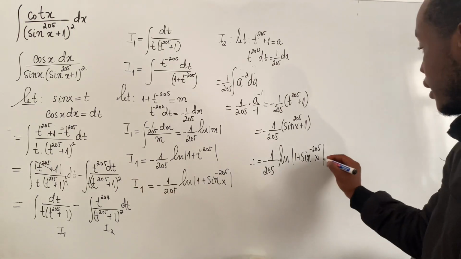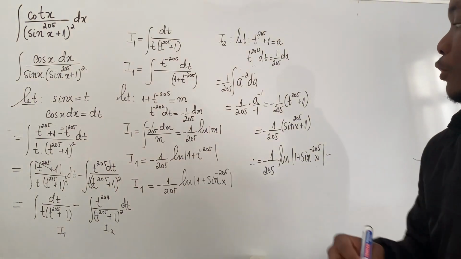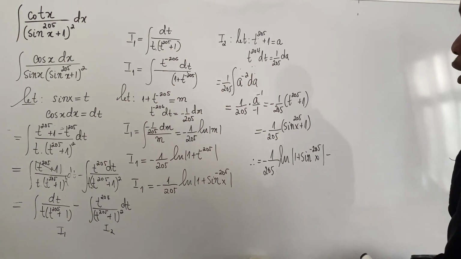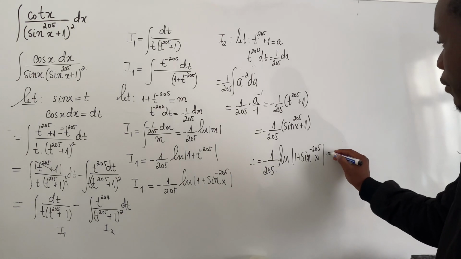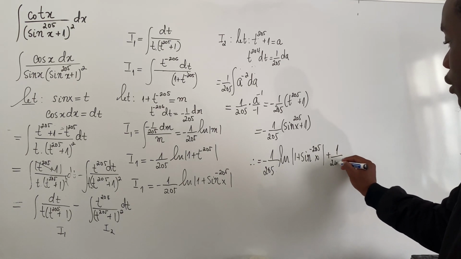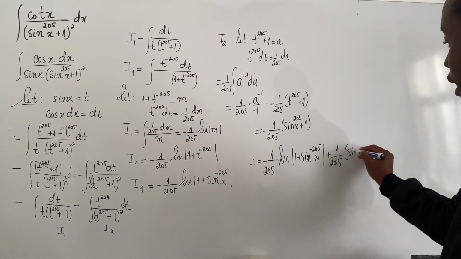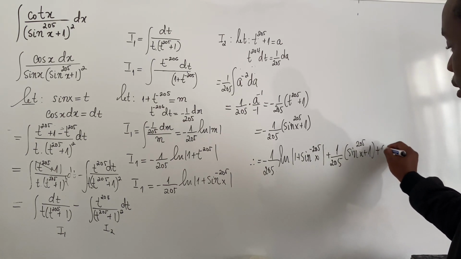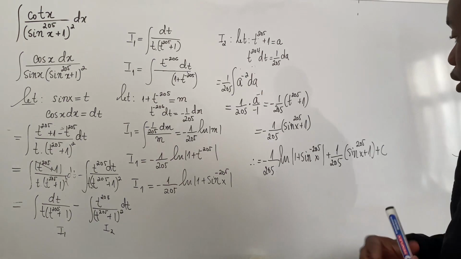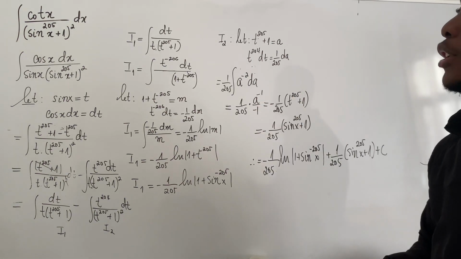We had a minus there, then the solution for integral 2. What is integral 2? It's this expression. It's a negative, and with the negative here, it will be positive. Plus minus 1 over 2 under 5 times sine to the power 2 under 5 of x plus 1, plus c. So this is the solution of our given integral.